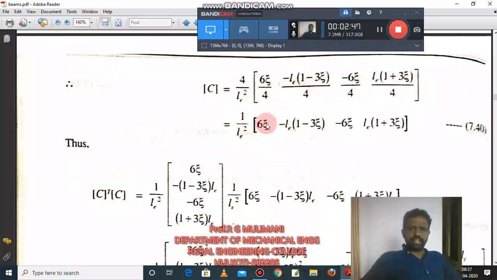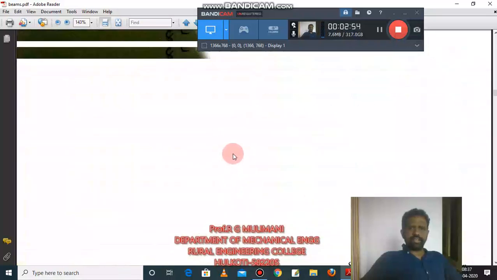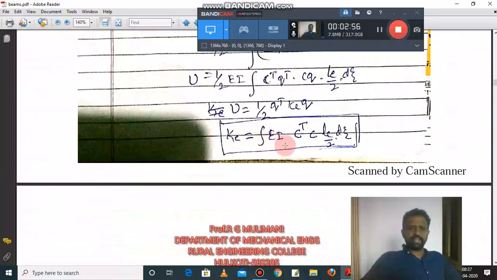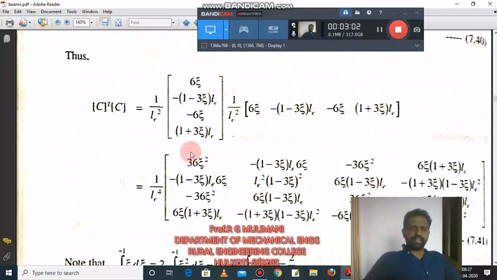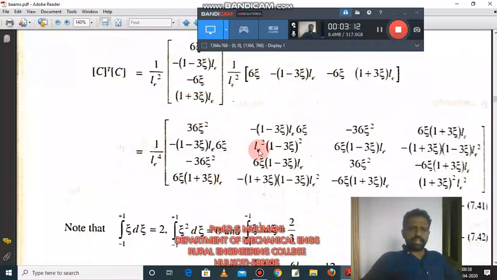Then the transpose of this matrix is CT. Next, what is taken here? The multiplication of this matrix and this matrix. It is 4 rows by 1 column and 1 row by 4 columns, so you will get a 4 by 4 matrix. You simplify it.